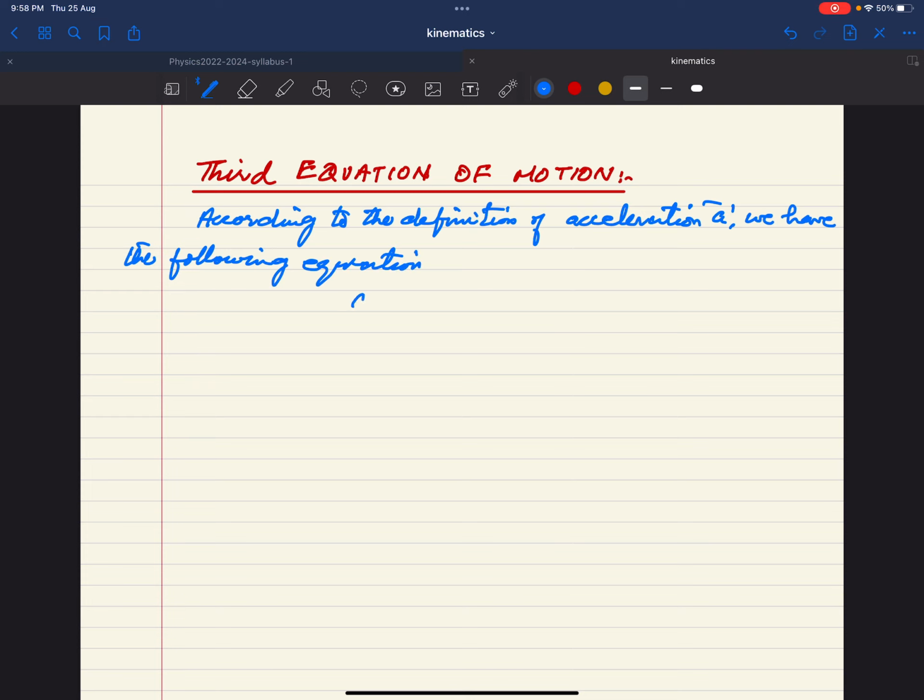You already know that a is equal to v minus u divided by t. Now if we make t the subject, then v minus u divided by a will be the new form of the equation, and I am considering this as equation 1, suppose.